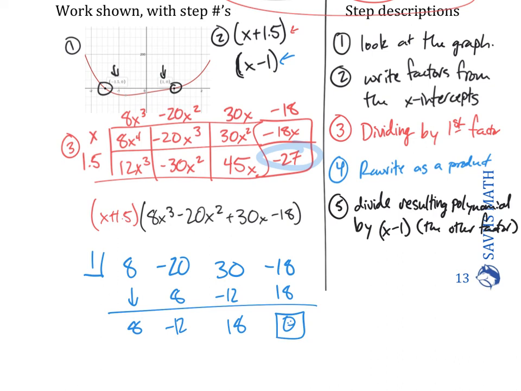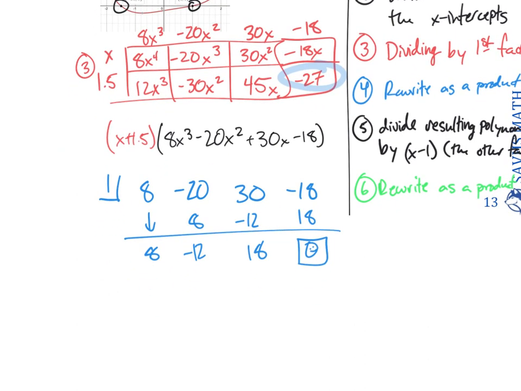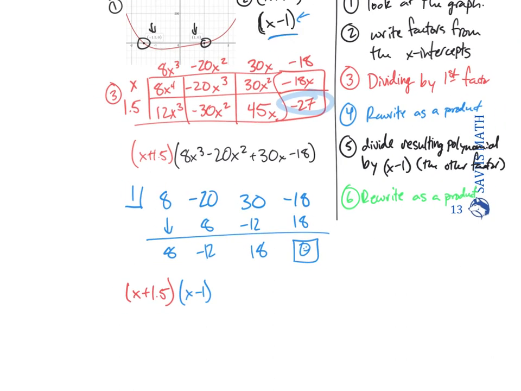Okay, so then step 6 is rewrite. So I get my x plus 1.5. Then I get my x minus 1, from the very beginning, from up here. There it is.